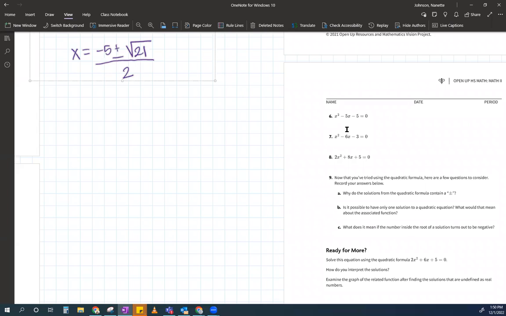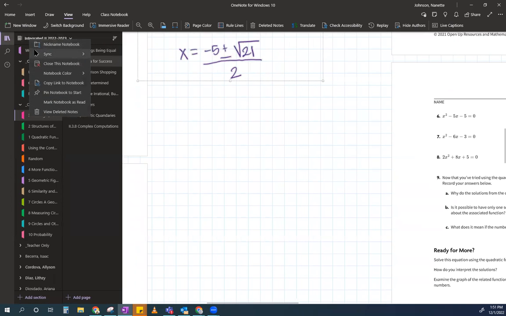It says x squared minus 5x minus 5 equals 0. Okay. So here goes. Uh-oh, it's not showing up. Hold on a second. Is it not going to work?